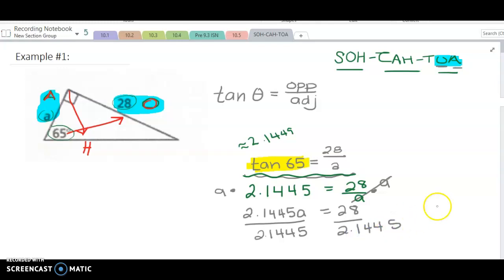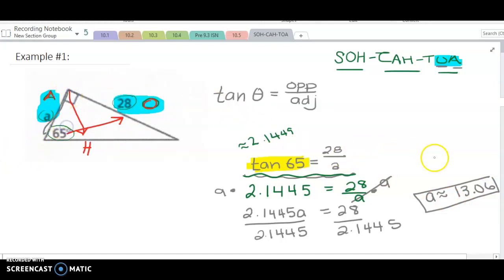If you put that into your calculator, you get A is roughly 13.06. Depending on how you rounded, maybe a hundredth more, maybe a hundredth less. So the length of this side over here is about 13.06.